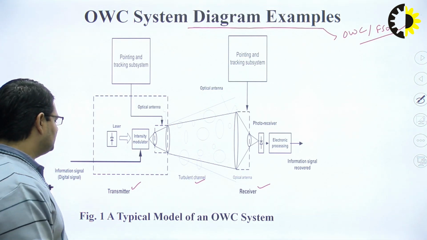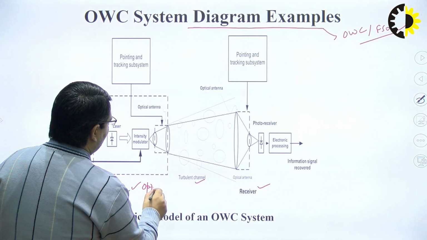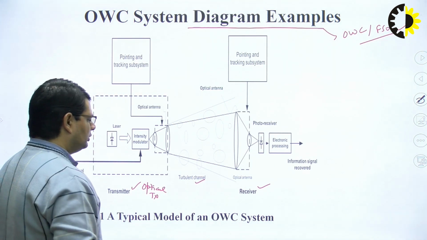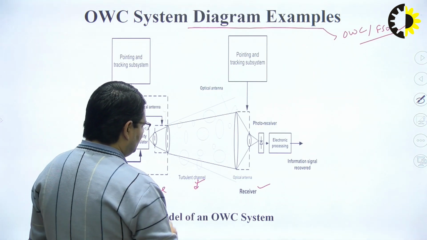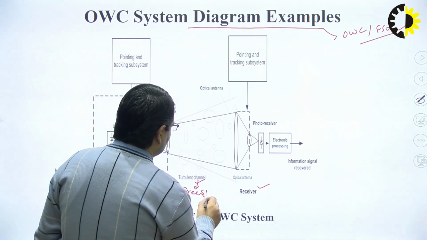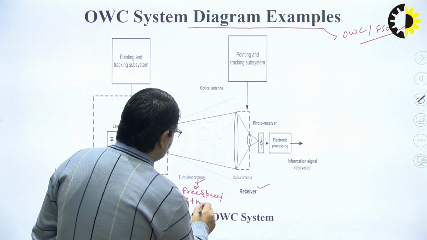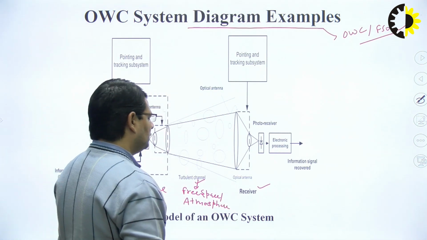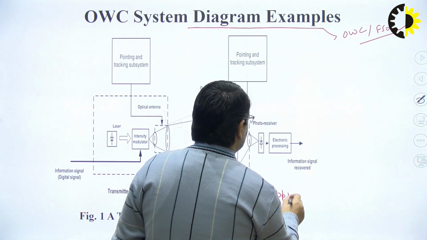The transmitter in the FSO system is an optical transmitter. Then the channel part, we know that in the FSO system the channel used is free space or atmosphere. Then the receiver part is simply an optical receiver.